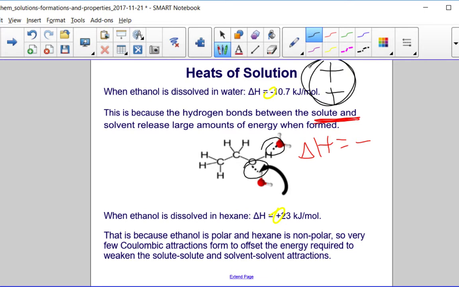But the polar solute does not have an affinity for the nonpolar solvent, so we don't get that negative release of energy required to offset or weaken the solute-solute and solvent-solvent attractions. So the overall delta H for ethanol dissolved in hexane is positive.